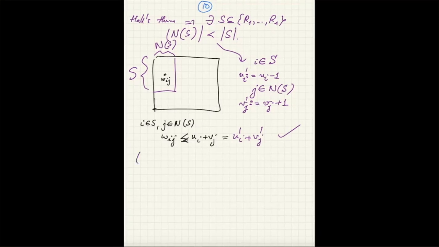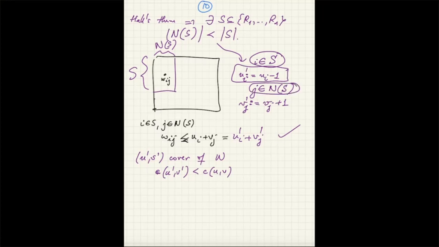The main point is that this new cover U prime V prime is a cover of W, but its cost is strictly less than the cost of UV, because we subtracted ones on the set S and added ones on the neighborhood of S, but the cardinality of S is bigger than the cardinality of the neighborhood of S. So we are decreasing the cost of the cover at each step.